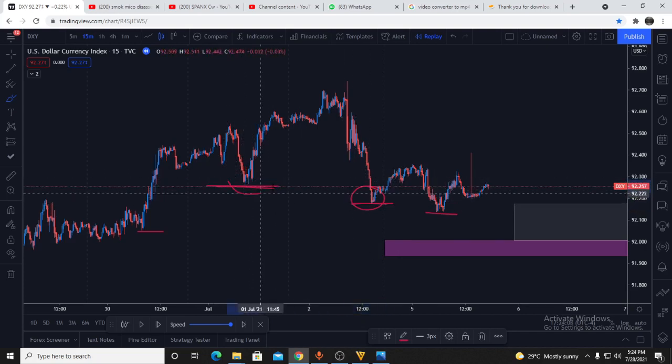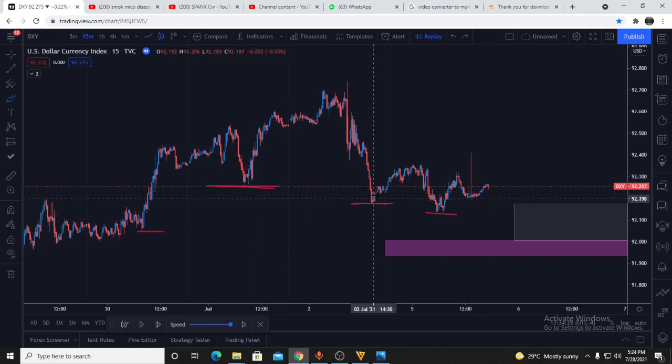So retail has their orders down here in this area, and then when smart money comes, smart money buy comes down hard and buys the available sell stops, right? So basically smart money is forcing people out of their position by going below here, and they trade a sell stop for a buy order right here.